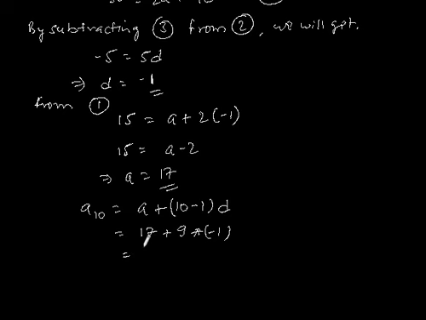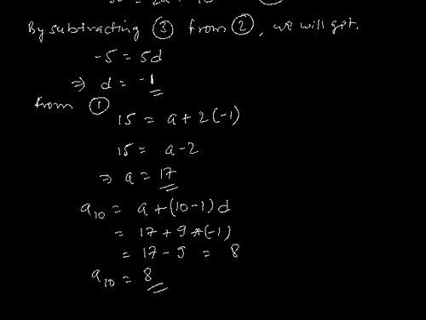This gives A10 is equal to 17 minus 9, which is equal to 8. So A10 is equal to 8. So our answer is d is equal to minus 1 and A10 is equal to 8.